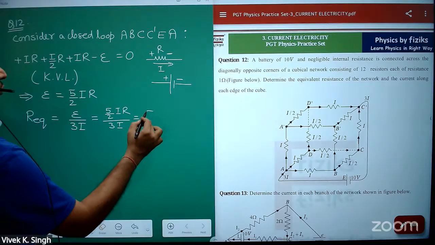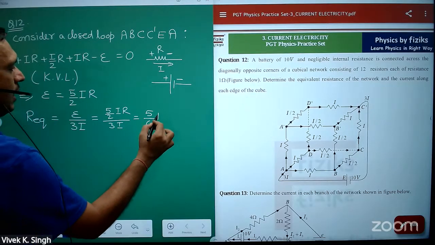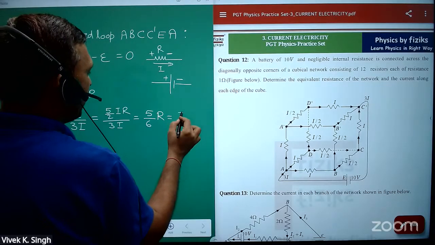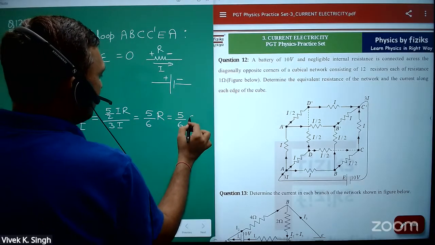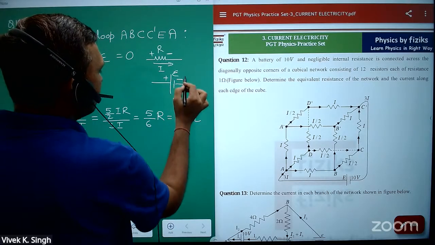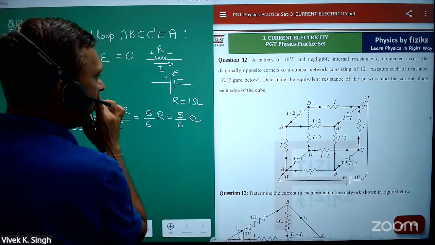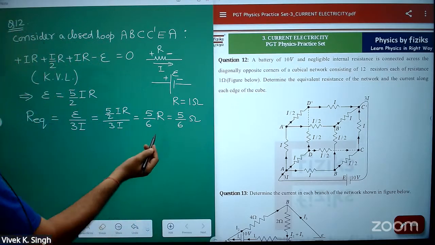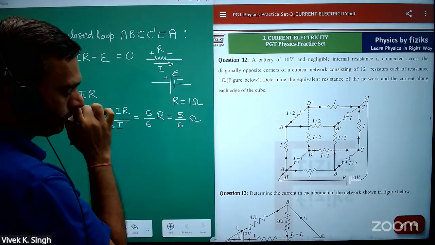So this will give you 5 by 6 R. And here R is 1 ohm, so this will be 5 by 6 ohms. I have taken R equal to 1 ohm, and this EMF I am taking as E. So now equivalent resistance will be 5 by 6 ohms.